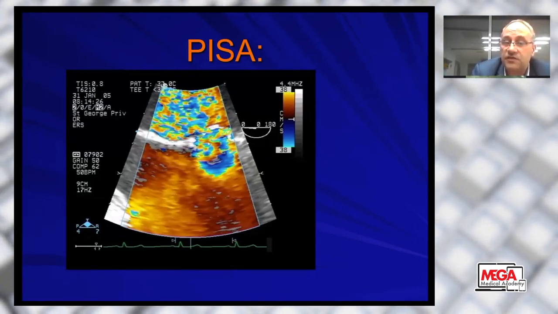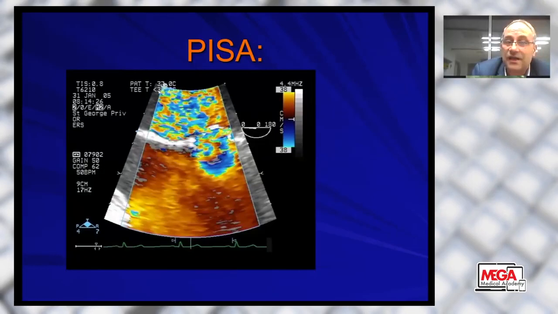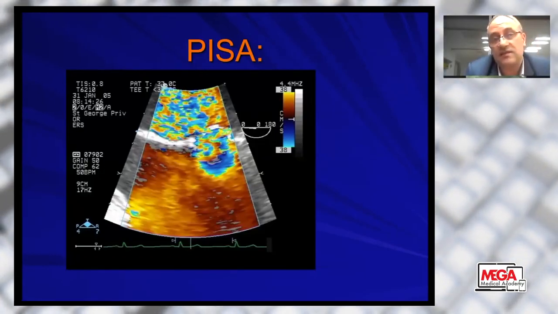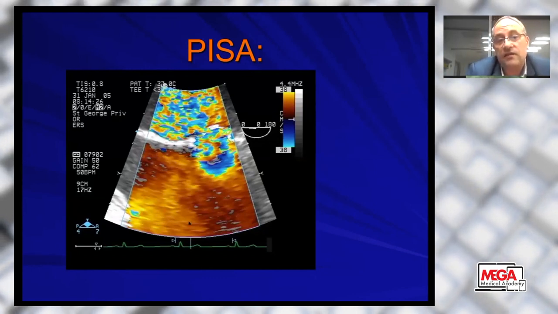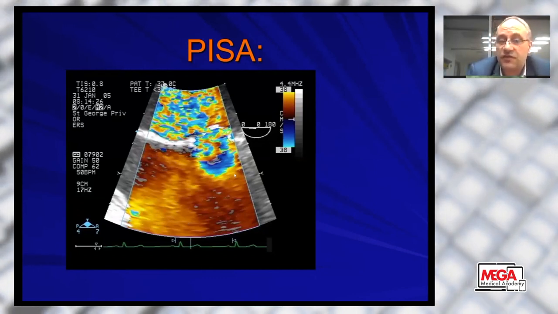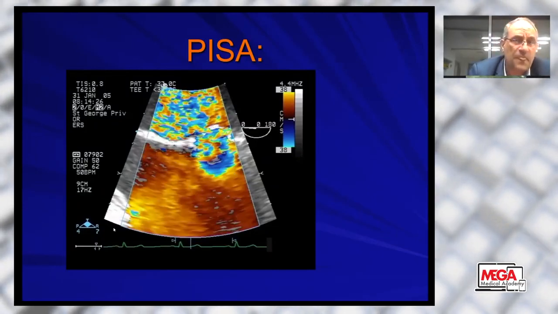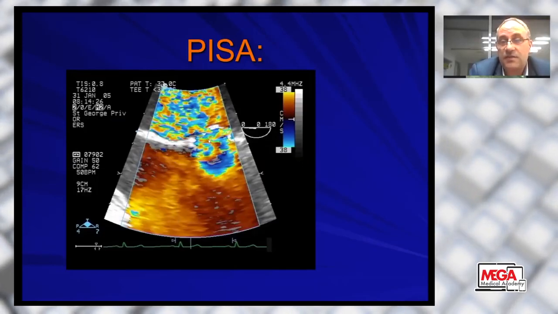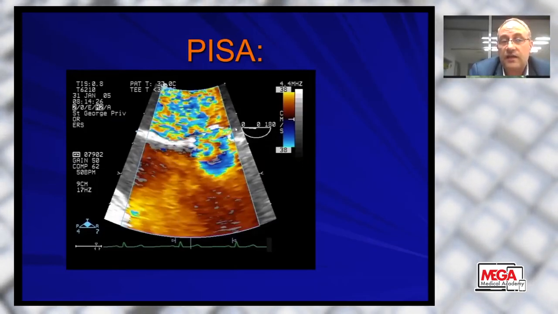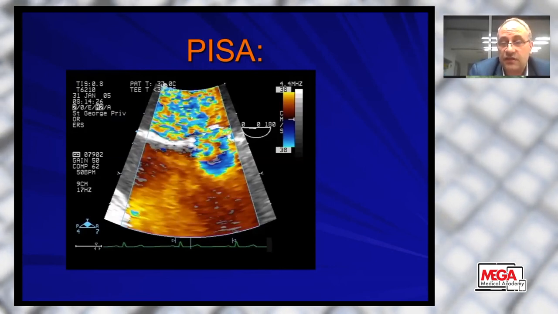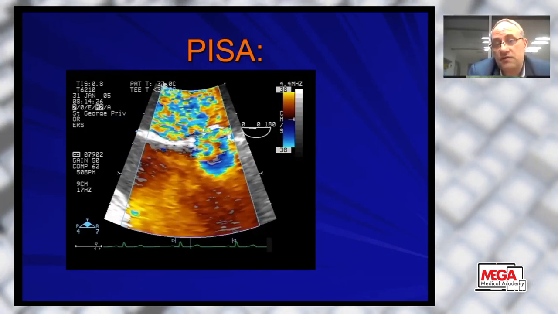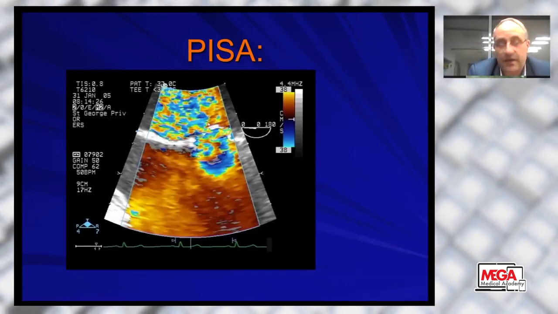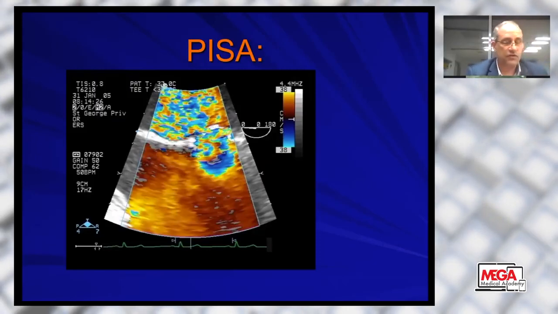Then it finally passes through the orifice with a mosaic appearance, which means that it exceeded the Nyquist limit. The diameter of this PISA is diagnostic of the severity of mitral regurgitation. However, we can use the PISA diameter and the PISA velocity and the velocity of the regurgitant jet to calculate the mitral regurgitation orifice area through the continuity equation.